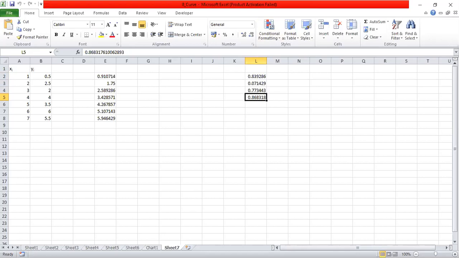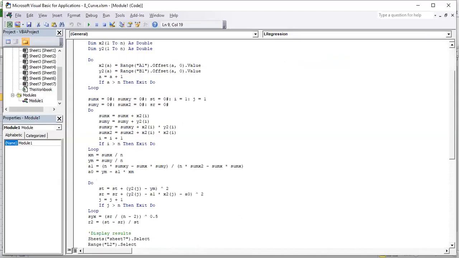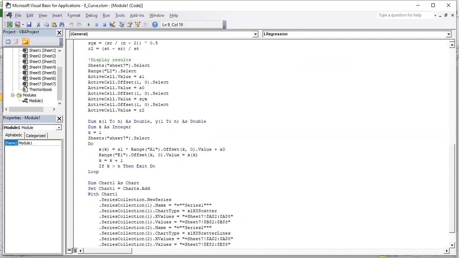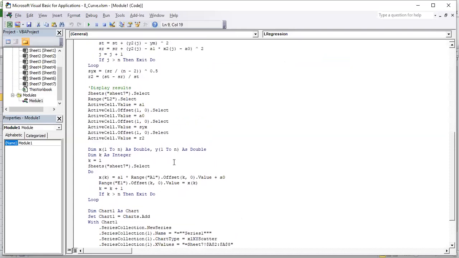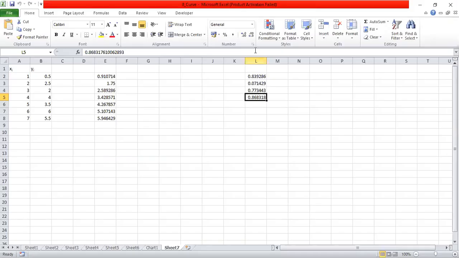So in the code, I have it here. So I'm saying that you should write all of this from L2. That's why it wrote the slope of the line, the intercept, the standard error of estimate, and the regression. That's why it wrote it in the L column, starting from L2.